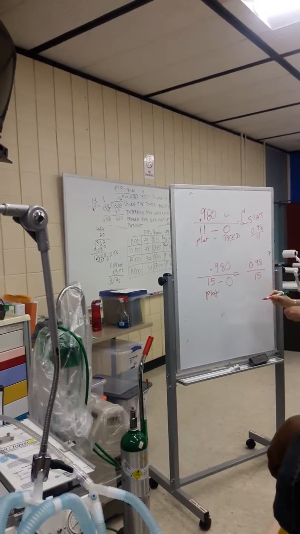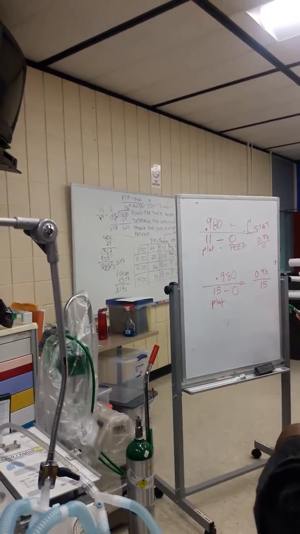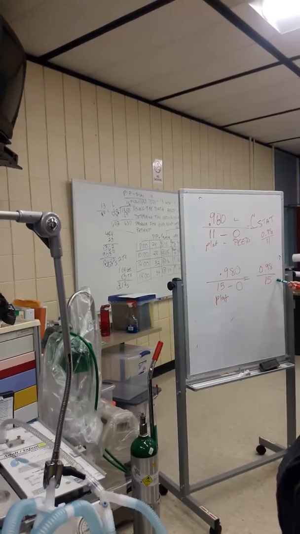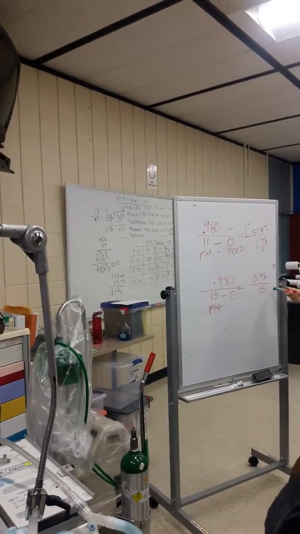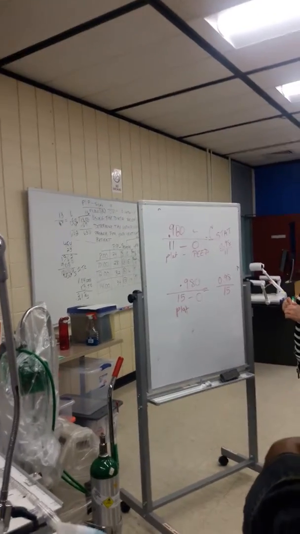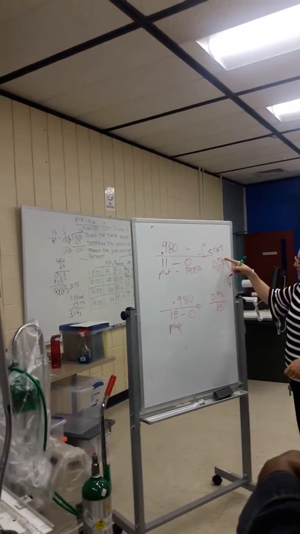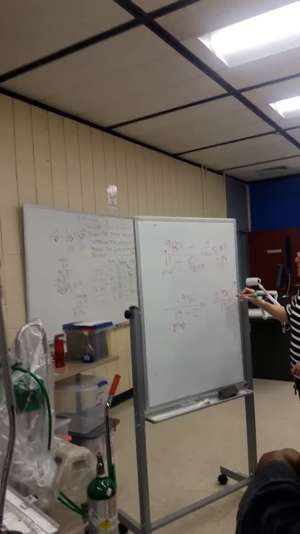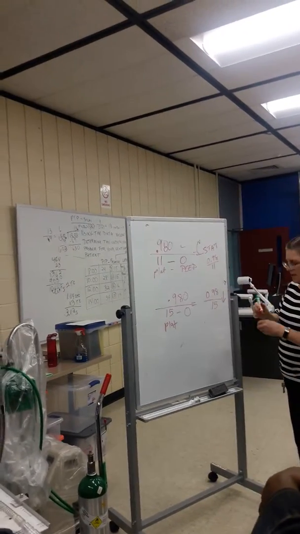Which number's going to be smaller, this one or this one? The bottom one. Because that's a bigger number. So the bottom one, the number is smaller.